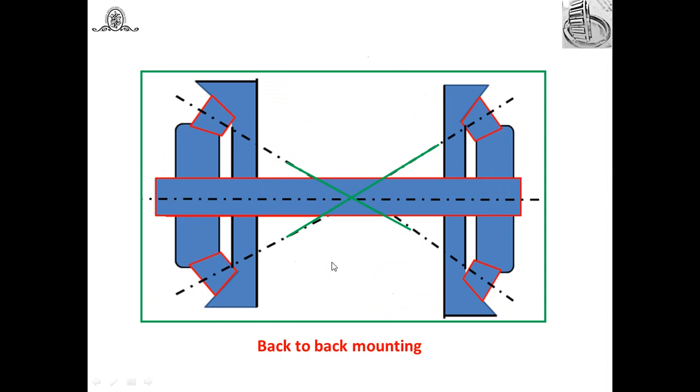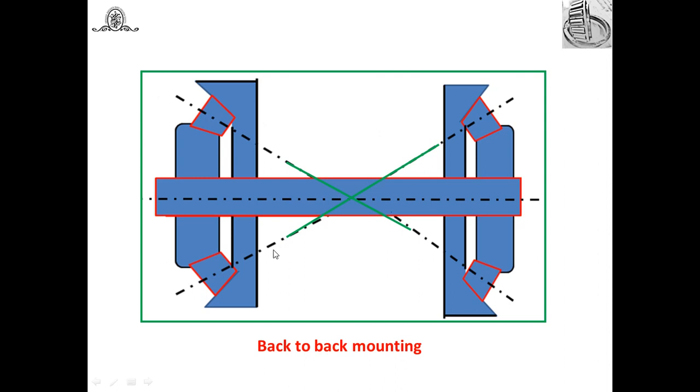Then the second arrangement is back-to-back mounting. In back-to-back mounting, two bearings are mounted on the shaft with their backs together. Backs means this, look at this. This is the back side of one bearing and this is the back side of the other bearing. In between, a helical, axial, worm or bevel gear may be mounted.